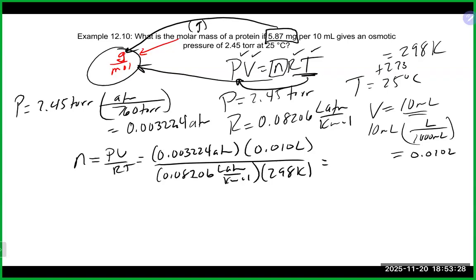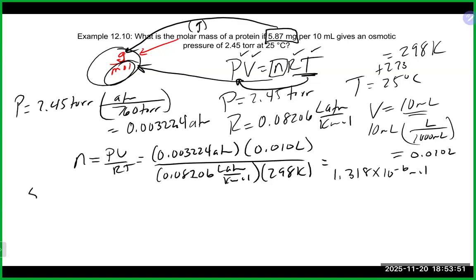Everything's going to cancel out but the moles, and we will end up with 1.318 times 10 to the minus 6 moles. That is the bottom part that we need.